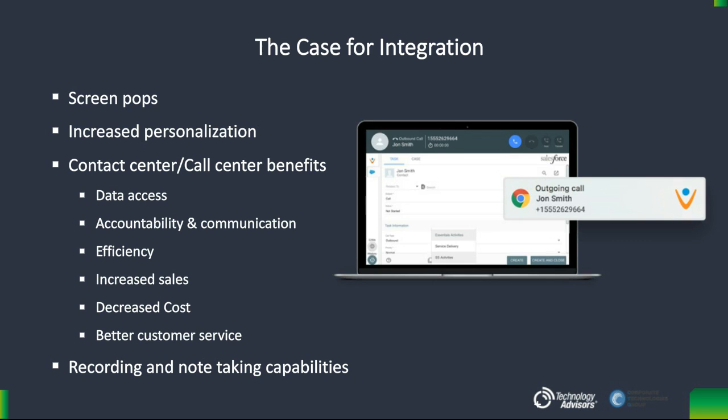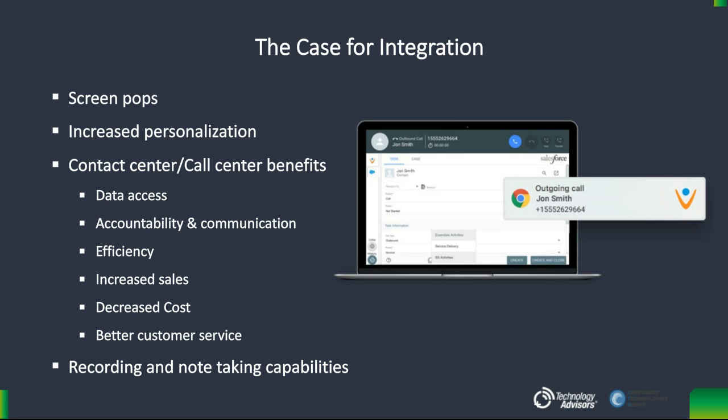And then further, the message is delivered using the customer's preferred channel. So that can be email or a personal contact or any other method that is preferred. And then kind of going back to what we were talking about before with contact centers and call centers, there's a lot of benefits for those particular areas as well.